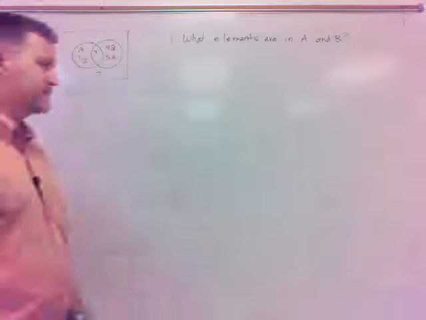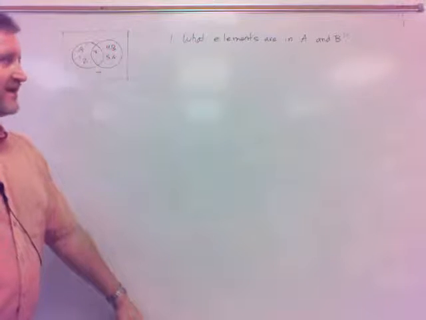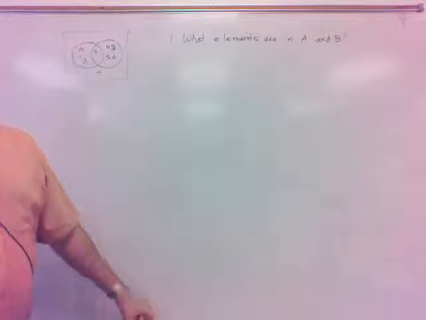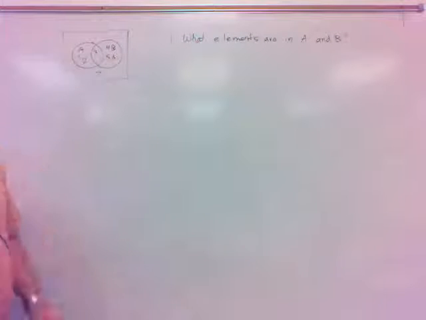Well, we talked about this last time, previous lecture, and when we say what elements are in A and in B, remember what that means? For our purposes, in sets, and means what they have in common.